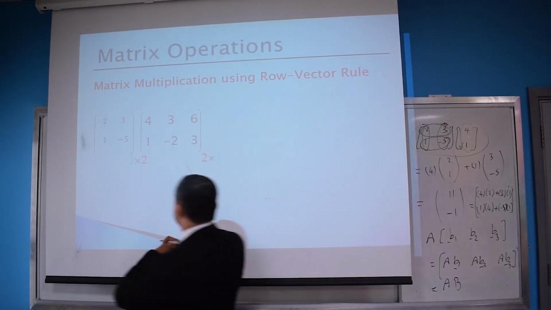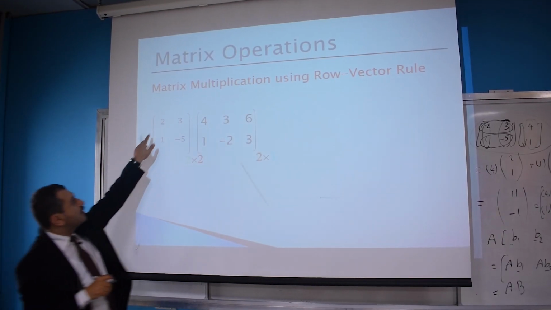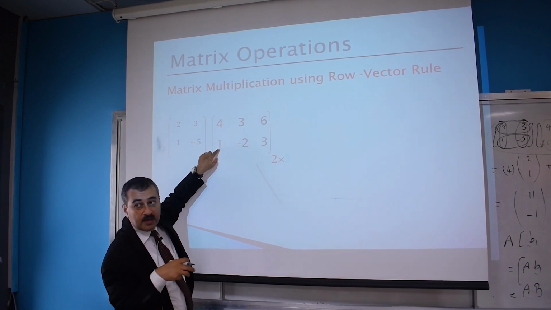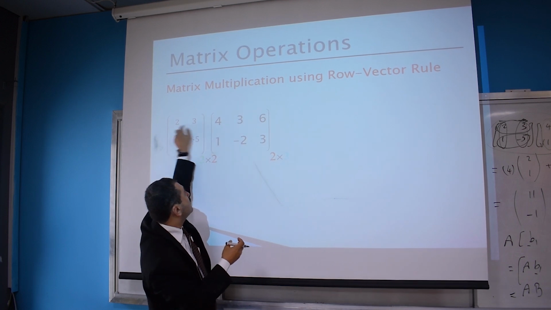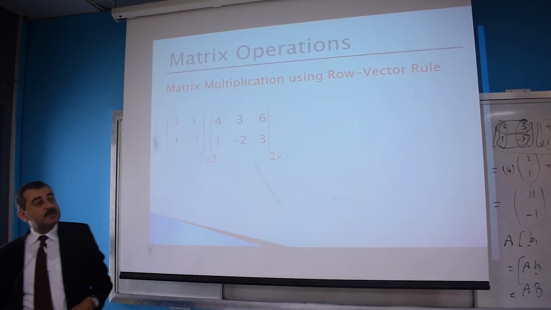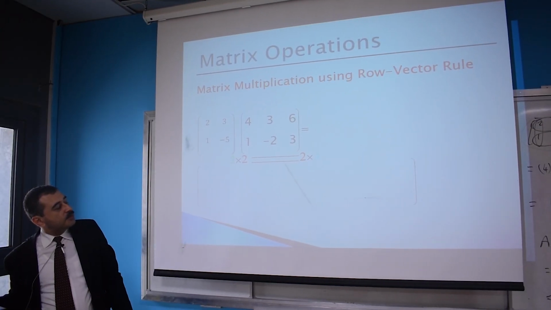If I want to do this multiplication using the row vector rule, I'll take this row and multiply it by the first column here to get the first entry. And then multiply this row by the second column to get the second entry, and so on. So let's see it. First write the output dimension, which is 2 by 3.